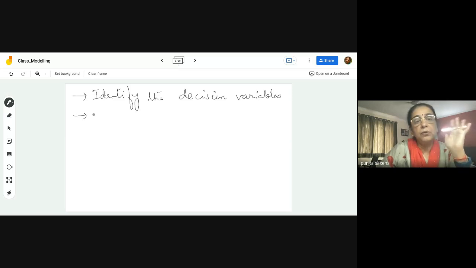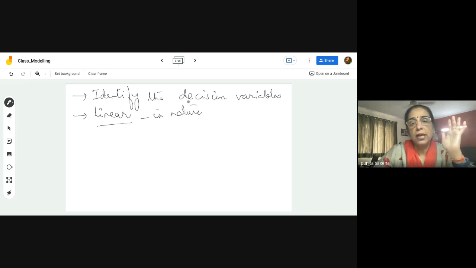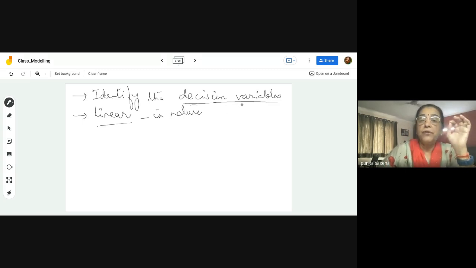Once we have identified the decision variables, then we have to construct. See, it's a linear programming problem. That means all your functions are going to be linear in nature. The moment we identify the decision variables, we'll get to know how many decision variables there are, so basically we'll get to know the indices, like x1, x2.